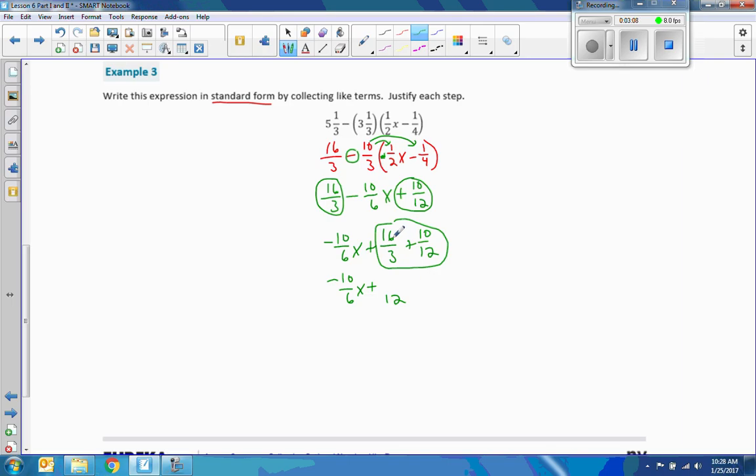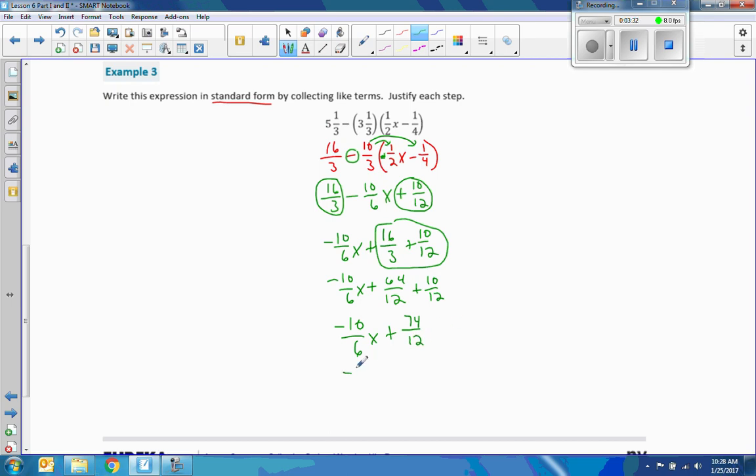And to get that to be 12, I have to multiply it by 4. And 16 times 4 is 64, plus 10 over 12. Okay, so negative 10 over 6x plus 74 over 12.